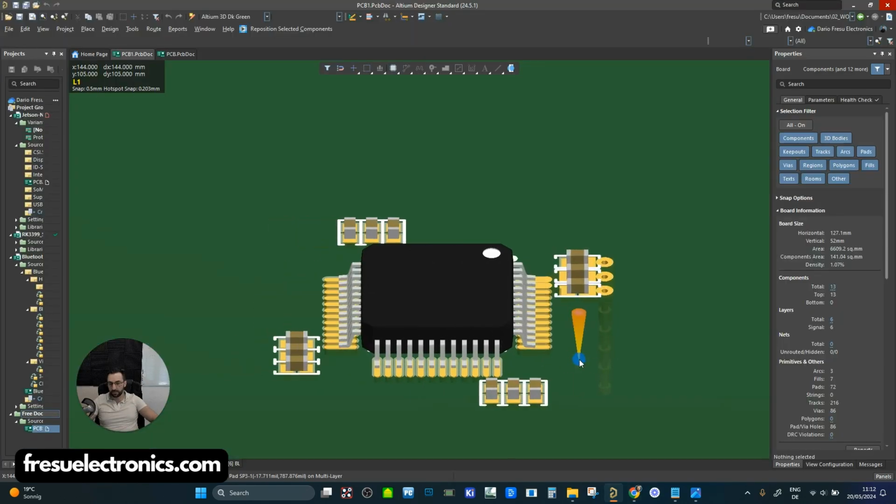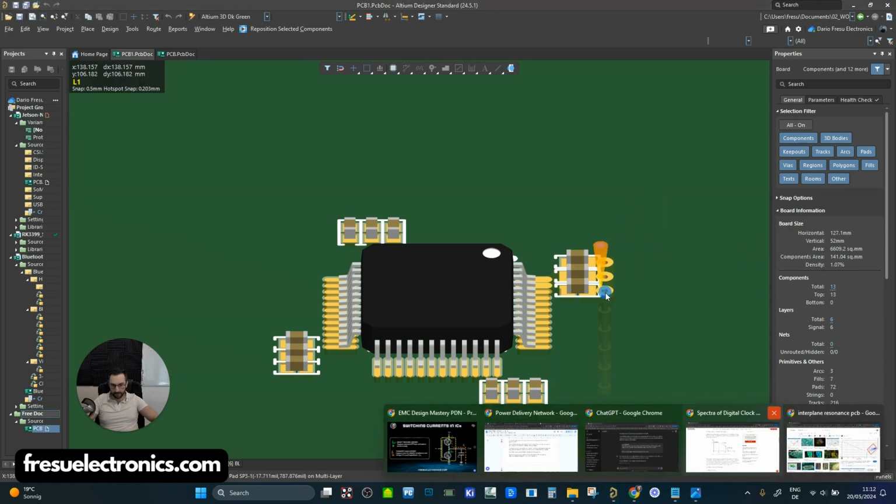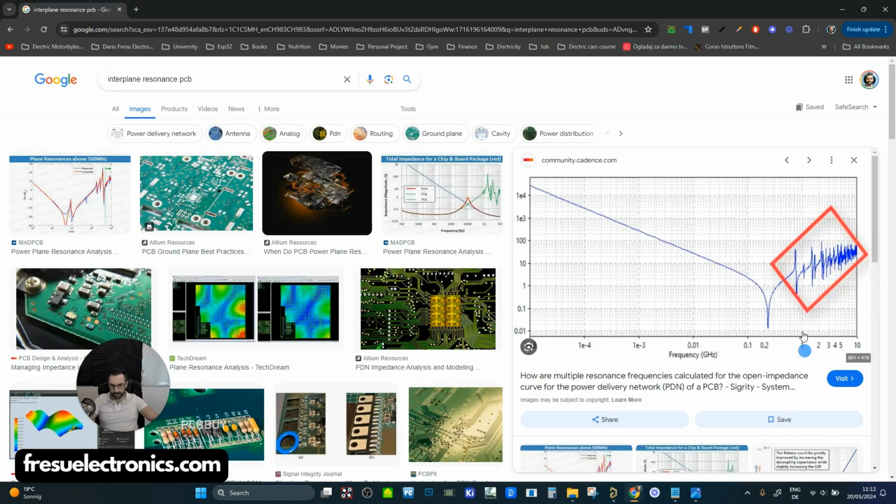So the reason why we also want to use some capacitors with higher equivalent series resistance, so some lossy capacitors, is because we can use this equivalent series resistance to dampen the resonances created by the interplane capacitance that we use.